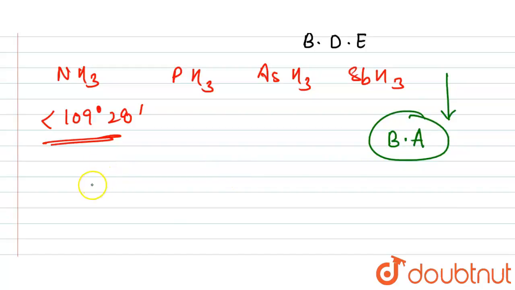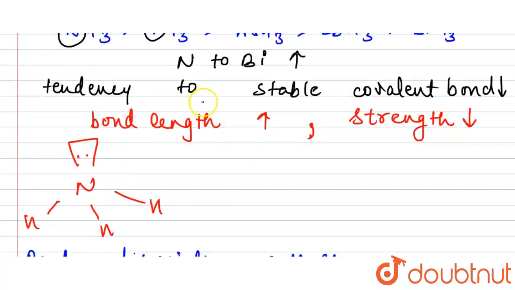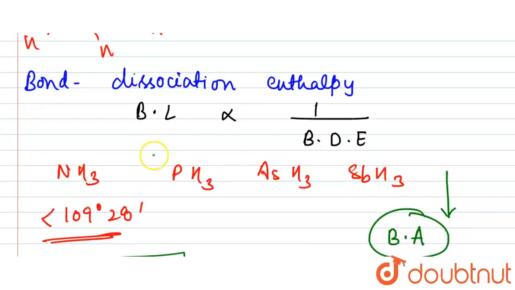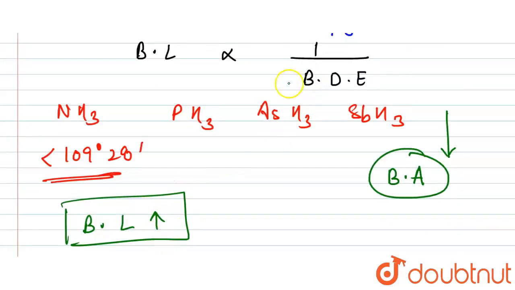The bond length increases, which we have already discussed. Why is it increasing? Because the size of the central metal atom is increasing. If the bond length is increasing, the bond dissociation enthalpy will decrease down the group.